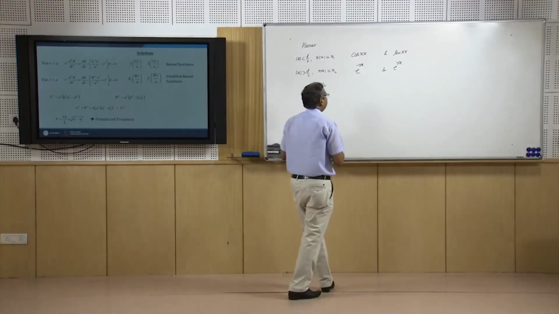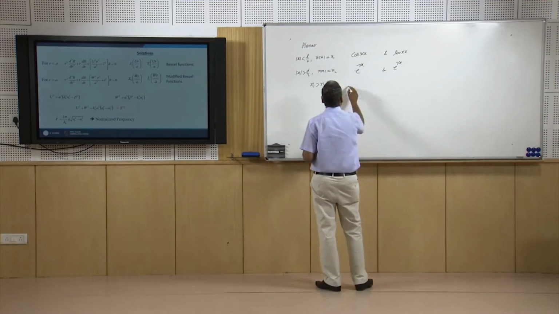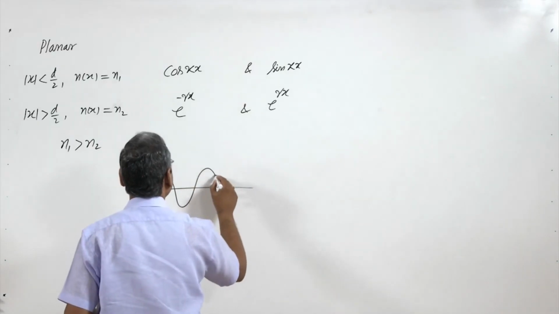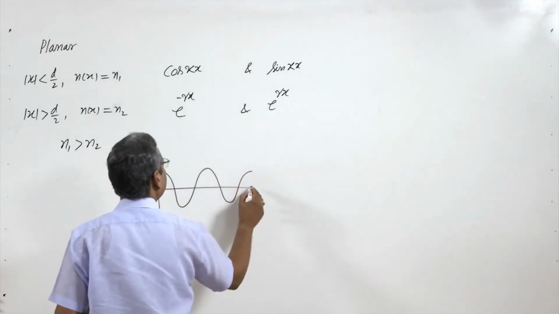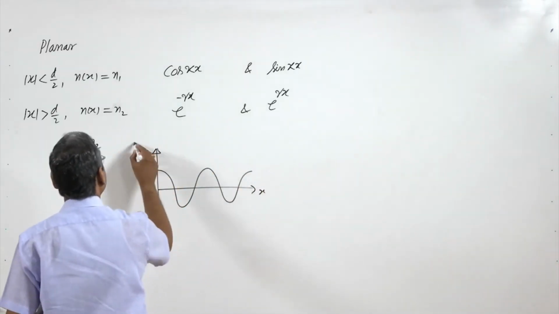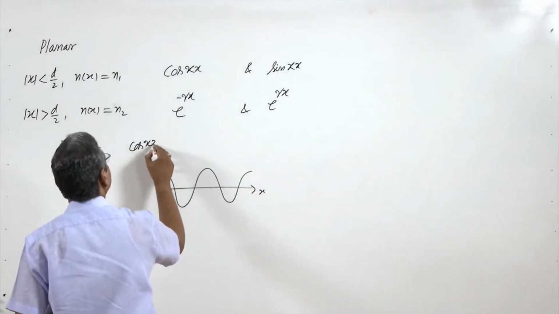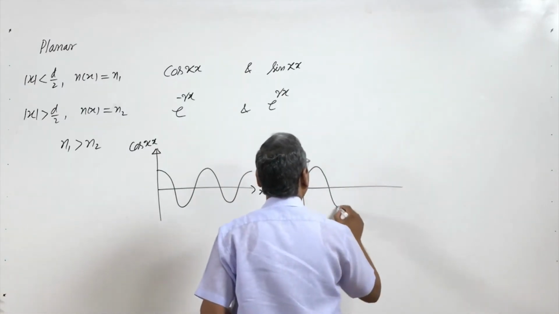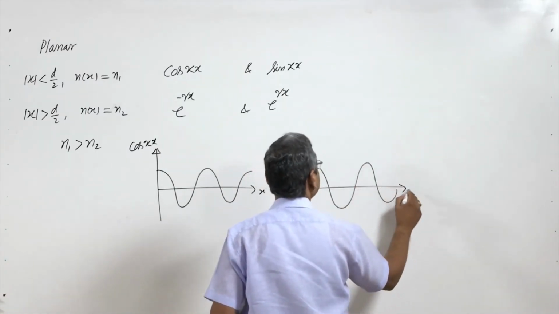If I look at this cosine function, so it is simply if I have a function something like this, then I call it cosine function. Similarly, a function like this I labeled as sine function.